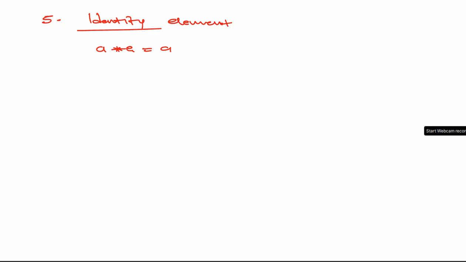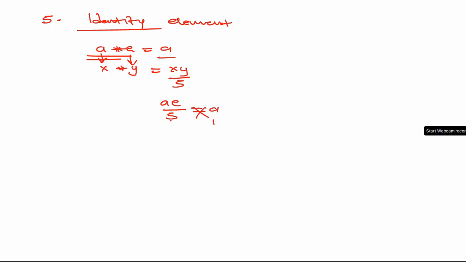Otherwise, the expression already is x star y is equal to xy over 5. So now look at this. That means where there is x we put A, and where there is y we put E over 5, but this is equal to A. So cross multiplying, we're going to have 5a.